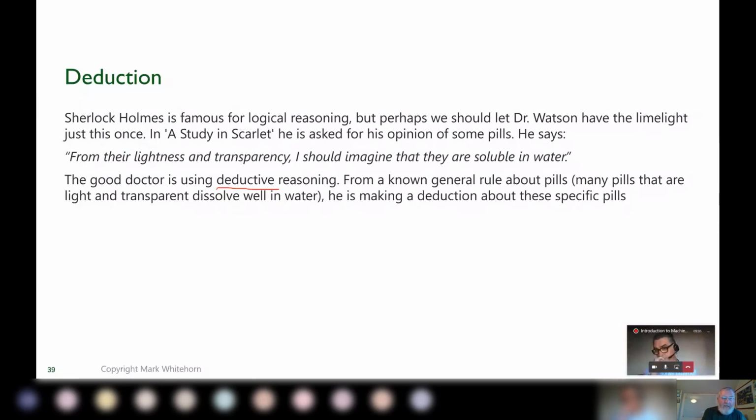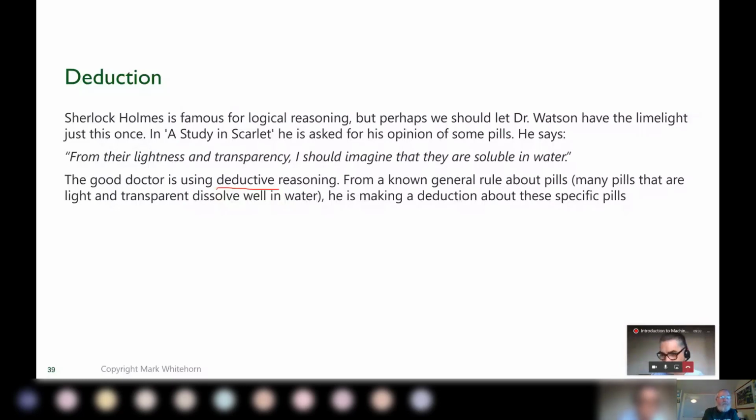He has in his head, he probably learned it at medical school, a general rule about pills, which is that many pills which are light and transparent dissolve well in water. He's making a deduction about these specific pills from that general rule he has in his head. I do know he's not a real person, incidentally.